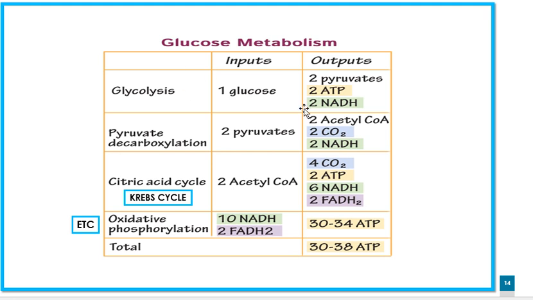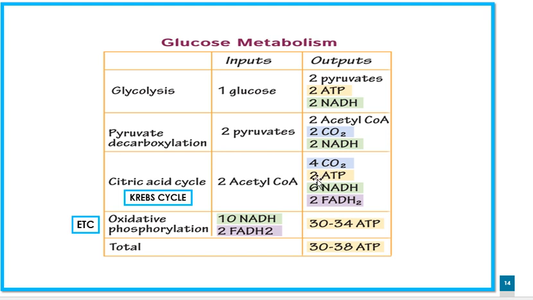And then, before pyruvate can be used in the Krebs cycle, or citric acid cycle, it undergoes pyruvate decarboxylation, wherein pyruvates produce two acetyl-CoA, two carbon dioxide, and two NADH. Then acetyl-CoA enters the citric acid cycle and combines with oxaloacetate. Each acetyl-CoA produces two carbon dioxide, and since there are two, the total is 4.